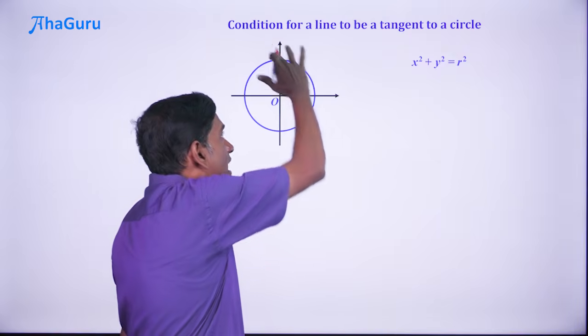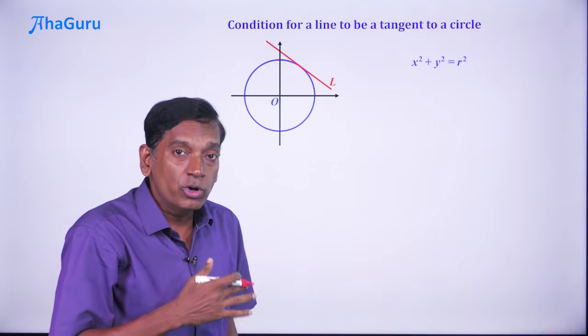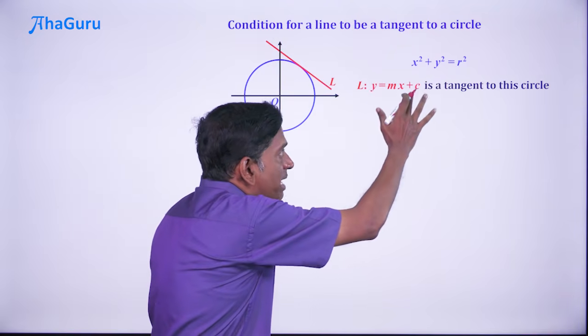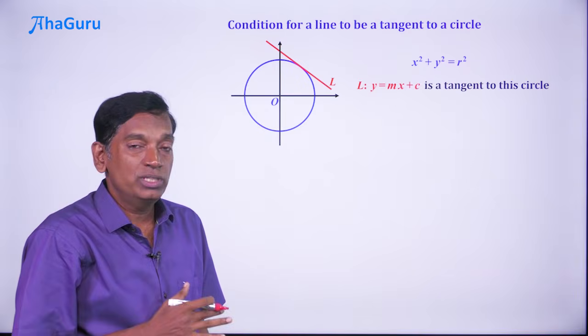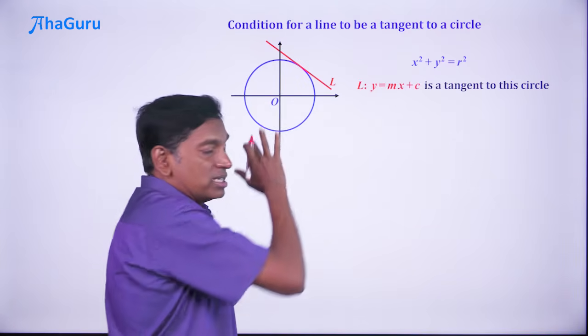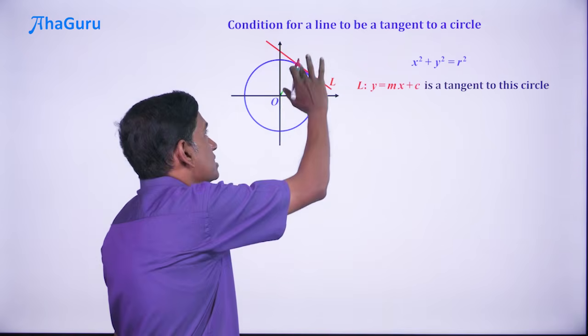Now let's draw a line L which is a tangent to this circle. We are going to consider that this line with equation y equals mx plus c is a tangent to the circle. Now suppose we join the origin, which is the center, to the point of contact like this, okay.